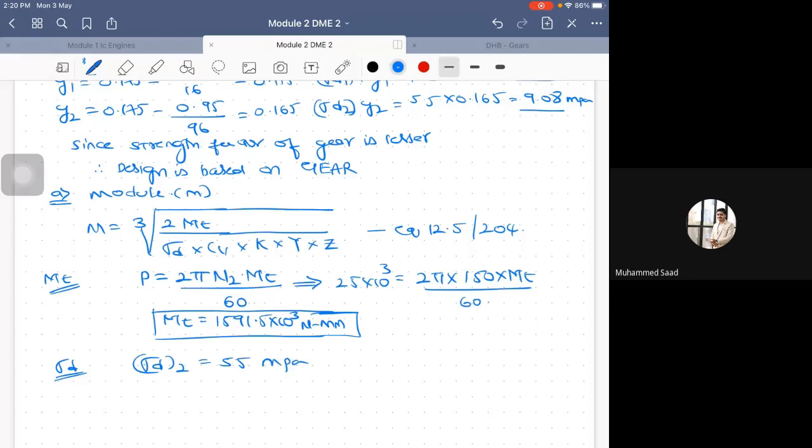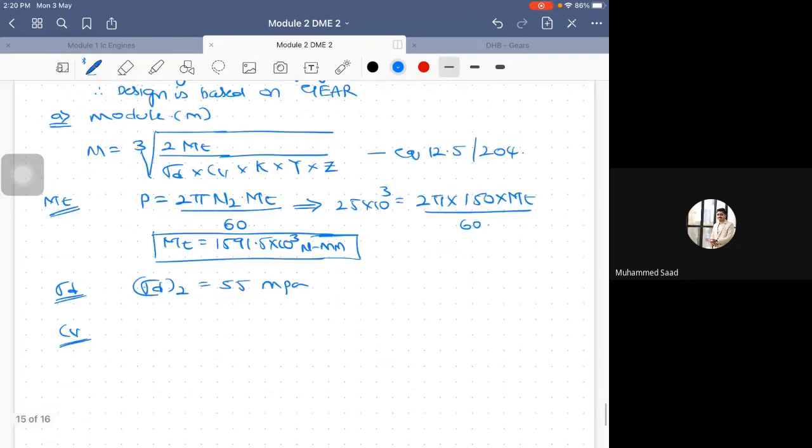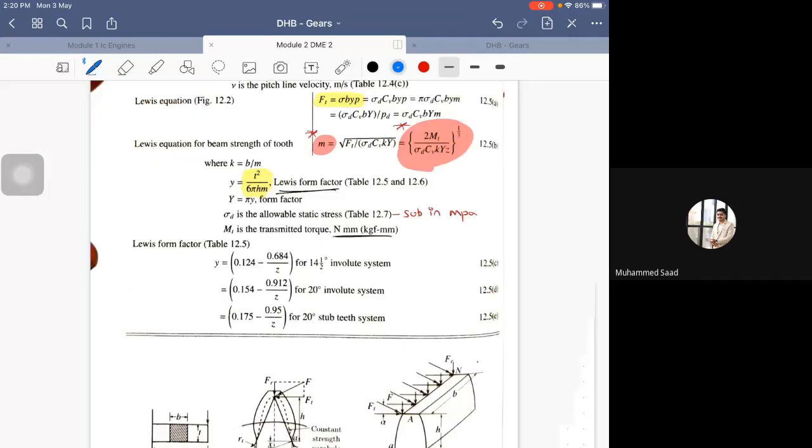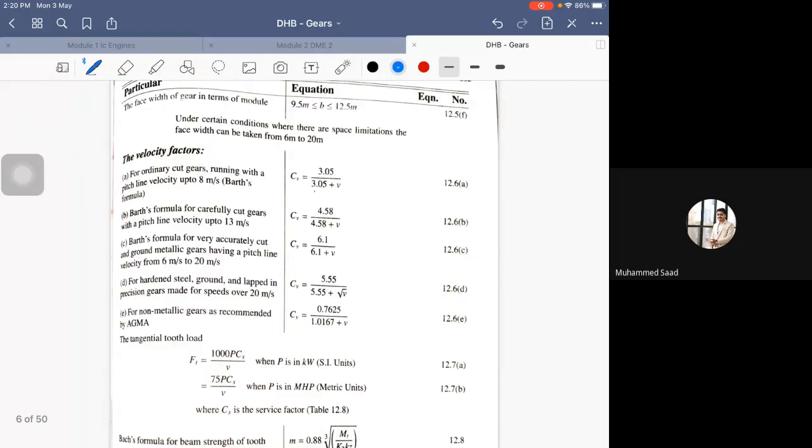Sigma d is done. Cv, is there any chance through which I can calculate my velocity factor? For the velocity factor to be calculated, we have to refer to Barth's formula. For this, you require the value of V. For calculating V, you require pi d n by 60. Now you know the value of n, but you don't know the value of d.